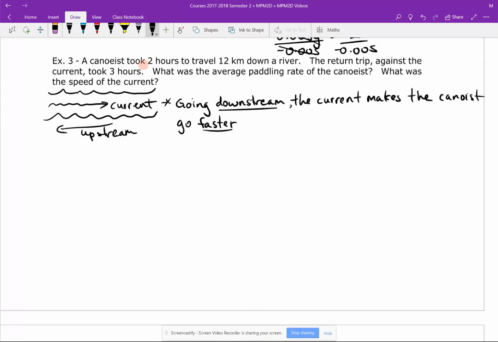Okay. However, when you go upstream, going against the current, slows the canoeist down.